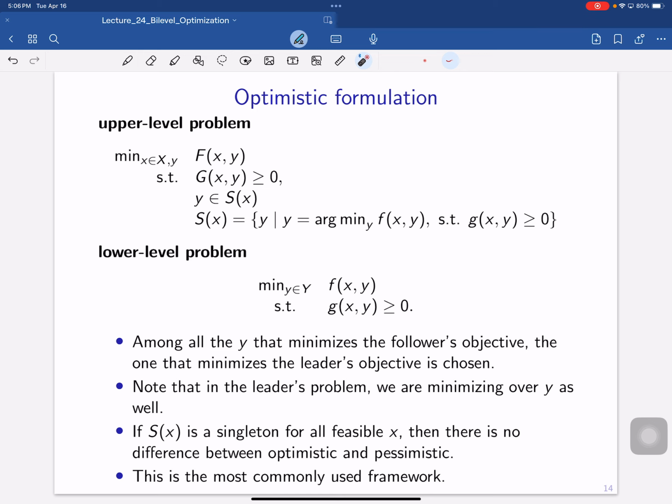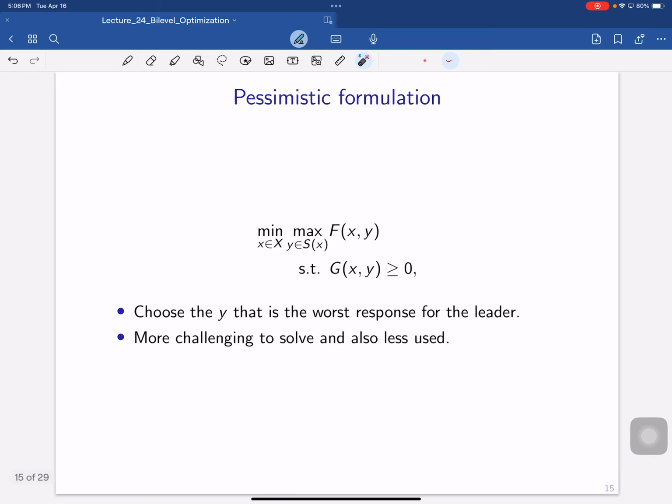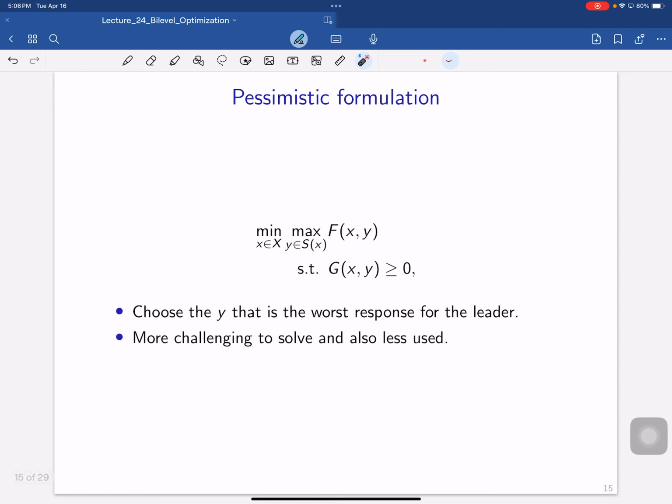And now I will show you the pessimistic formulation. You can easily see that it is much harder to solve than the optimistic case. Here it's saying that when the leader minimizes over x, then the follower will pick the solution among this best response set that maximizes this function.